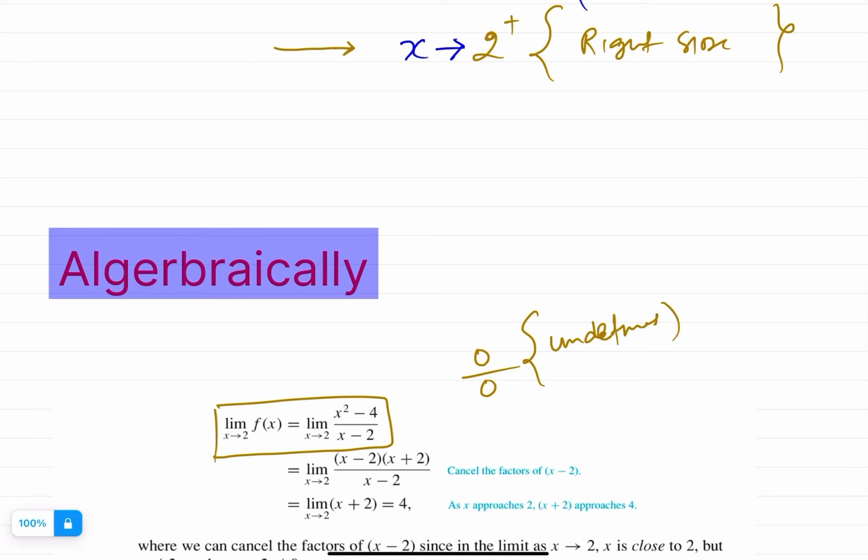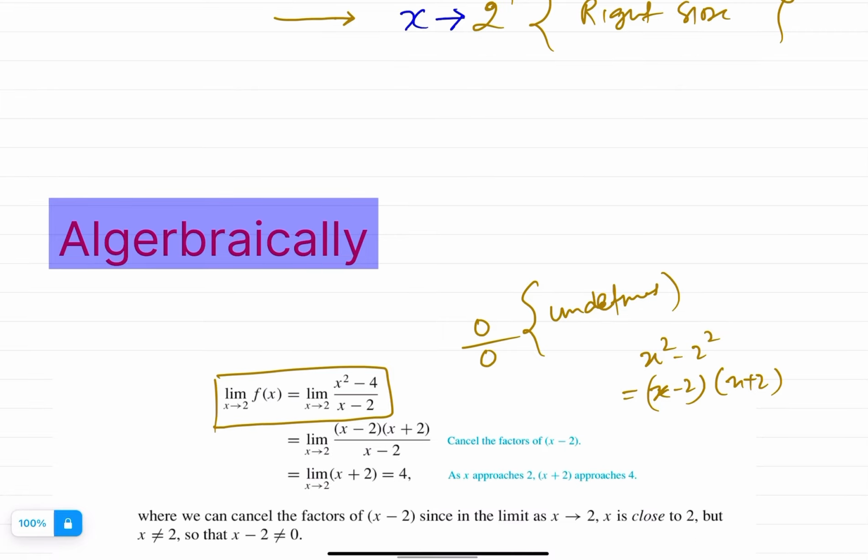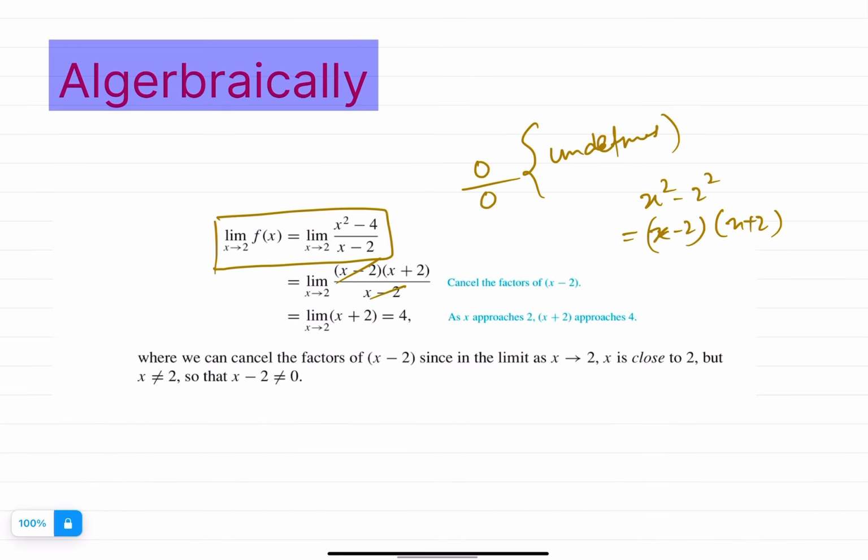So what if we factorize it? x squared minus 4 can be written as x squared minus 2 squared, or (x minus 2)(x plus 2). You can cancel x minus 2, and you will get f(x) equal to x plus 2.